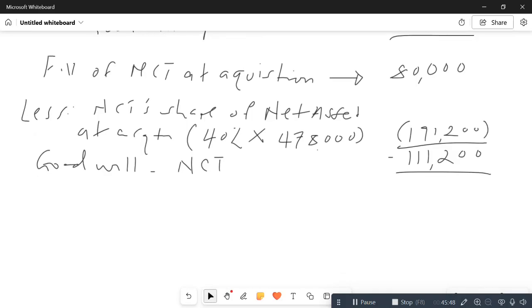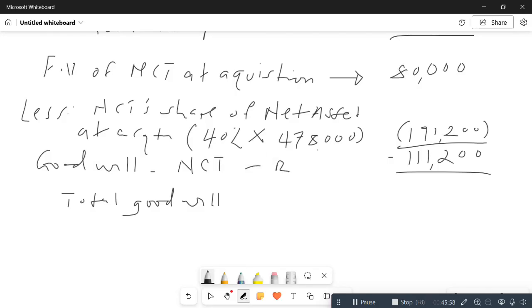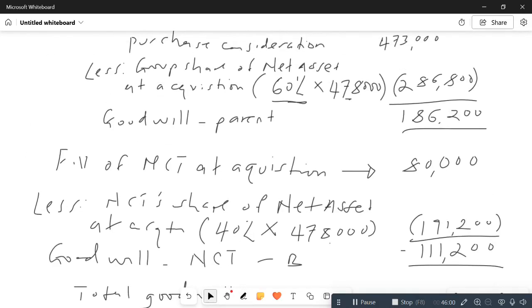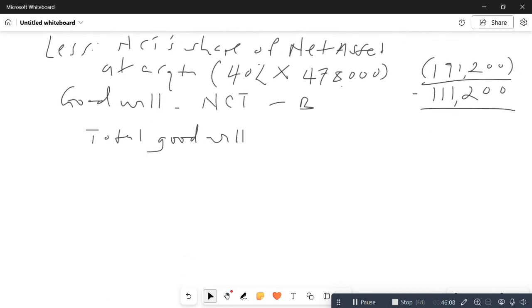Total goodwill. Let me assume this was goodwill B, and this one is goodwill A. So I can add goodwill A plus goodwill B, that is parent and NCI.